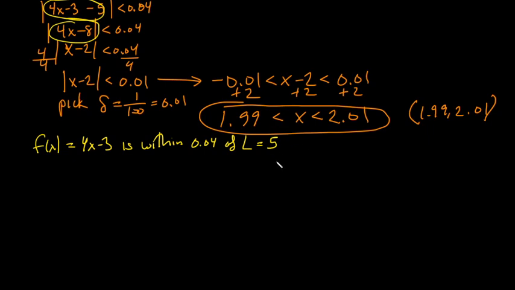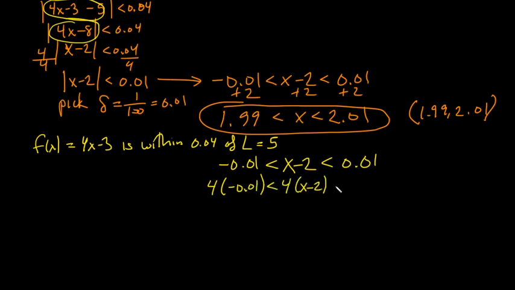So if I just take this and subtract 2 from both sides, I get that in absolute value, x minus 2 is going to be between negative 0.01 and positive 0.01. And now I can multiply everything by 4. Well, yes, 4 times 0.01. So this is just negative 0.04 is less than 4x minus 8, which is less than positive 0.04.